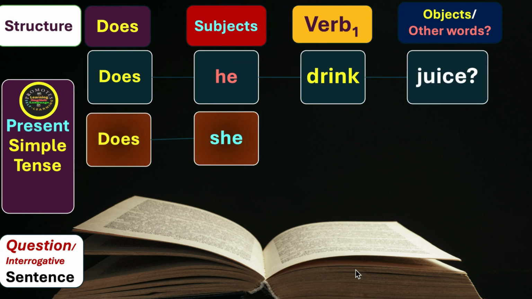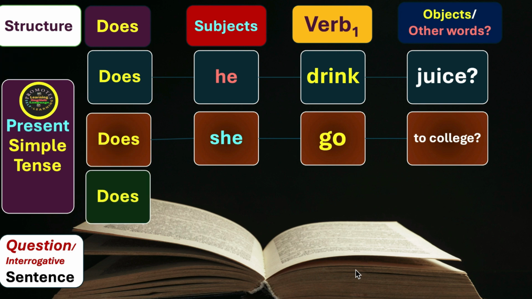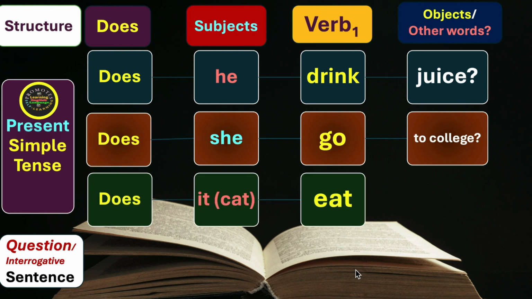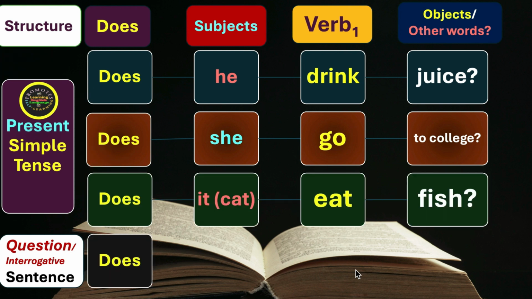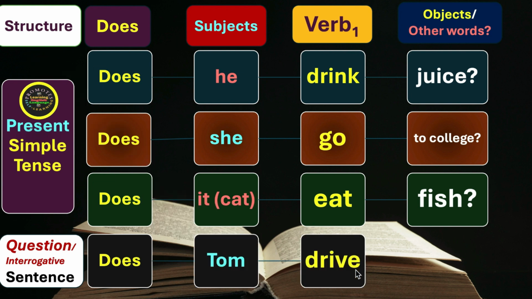Likewise, does she go to college? Then we have does it here for cat, eat, then we have the object fish. Like we have does, we have the subject Tom here at this moment, drive, verb in the first form, and we have the object. So what we notice in the question form is that we use does before the subject, and after the subject we use the verb in the first form.